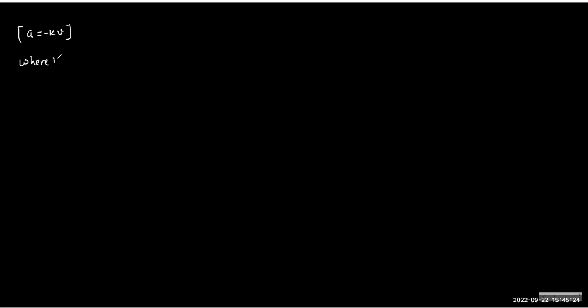where A is B square L square by R. Understood?